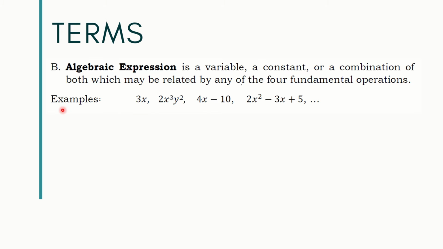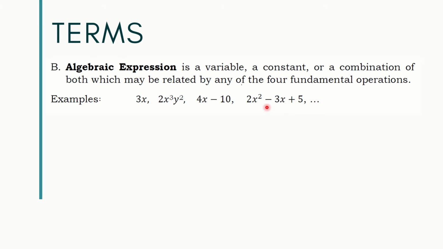Meaning, an algebraic expression has a numerical coefficient like this 3 and a variable, this x, or a constant like this 5. So let's take this example, 2x squared minus 3x plus 5.